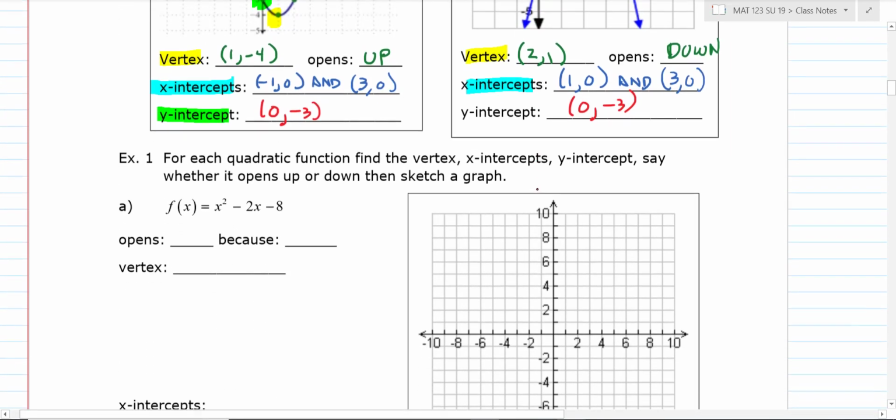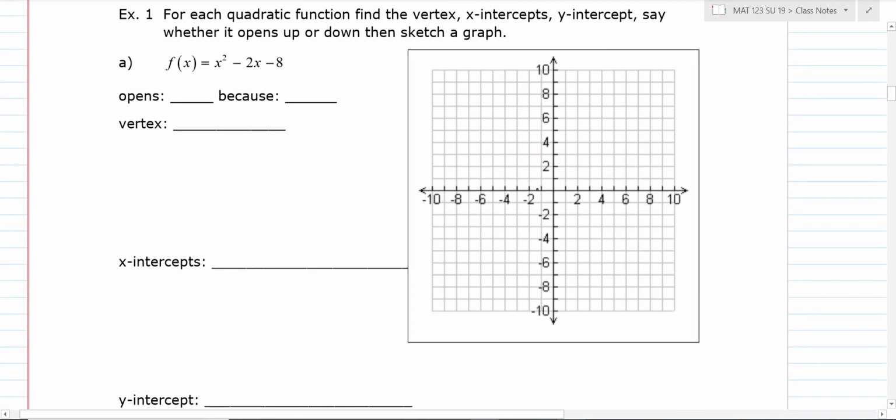Now what we're going to do is I'm going to give a function. We're going to graph it and put it all together based on being given the graph. Okay, so first of all, one thing we want to do is, a is the number in front of x squared, b is the number in front of x, and c is the constant.